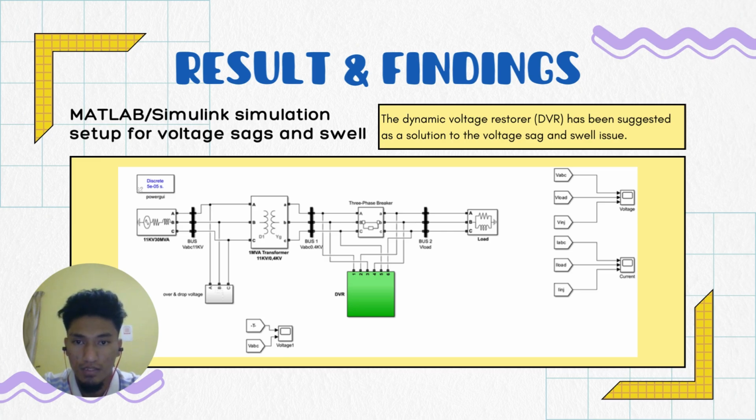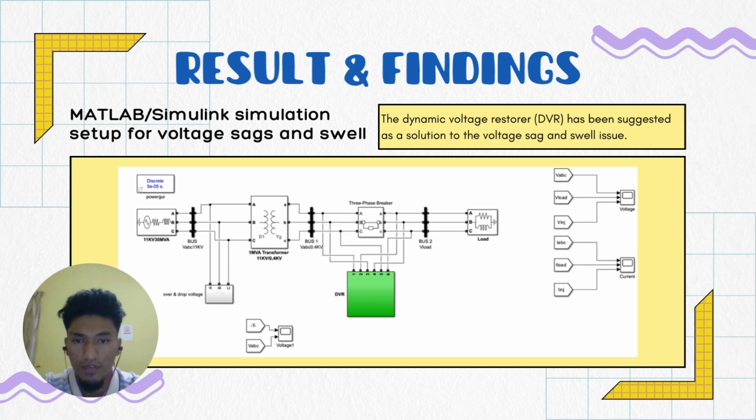So the figure shows a setup in MATLAB Simulink software that illustrates an electrical power distribution system with components to manage and monitor voltage level. Starting with an 11 kilovolt power source, power flows into an 11 kilovolt bus bar and then a 1 megavolt-ampere transformer, which steps down the voltage to 0.4 kV for lower voltage applications.